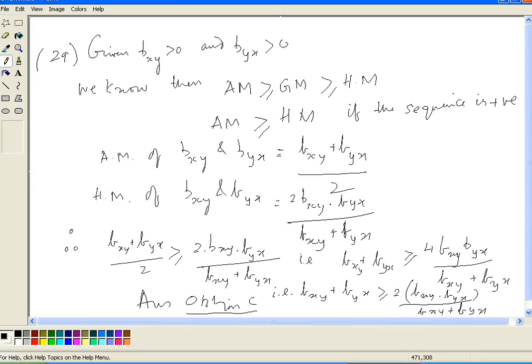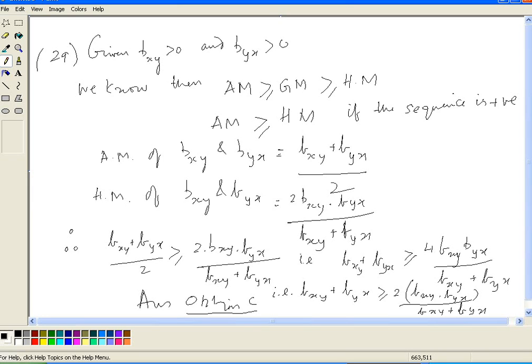Arithmetic mean of bxy and byx is bxy plus byx by 2, while harmonic mean of bxy and byx will be 2 times bxy into byx by bxy plus byx. Therefore, applying that famous concept, arithmetic mean greater than or equal to harmonic mean, we get bxy plus byx by 2 greater than or equal to 2 bxy byx by bxy plus byx.